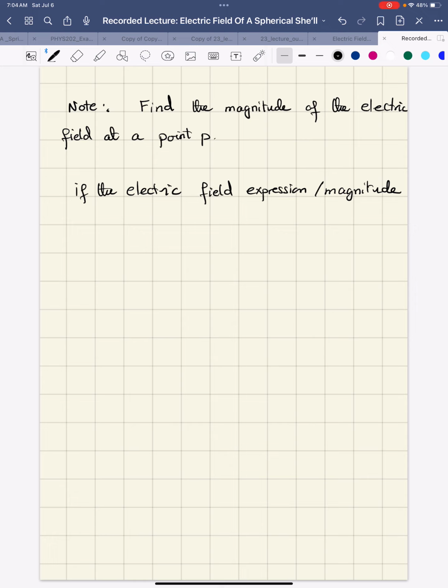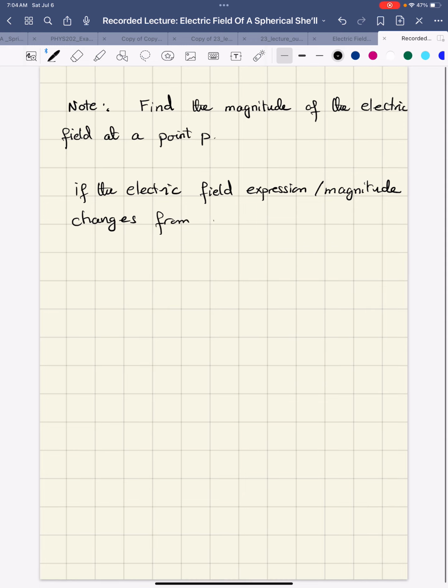If the electric field expression or magnitude changes from one region to another, then you need to specify and pay attention.